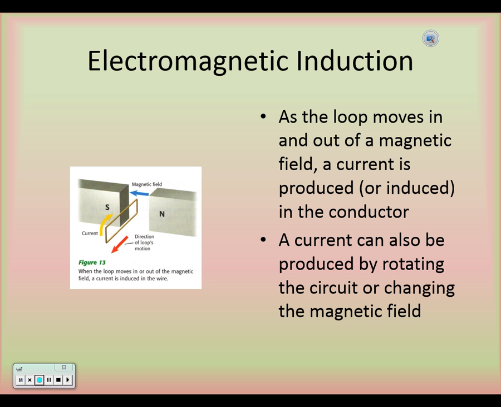As long as you change either the position of the circuit in the magnetic field, or the magnetic field itself, you can get those charges to start moving. So something has to change in order for the current to be induced.